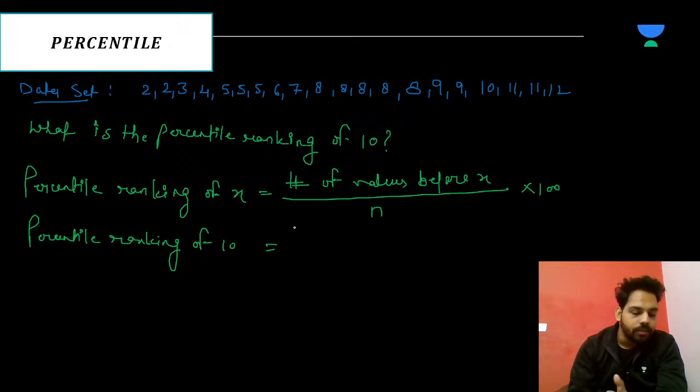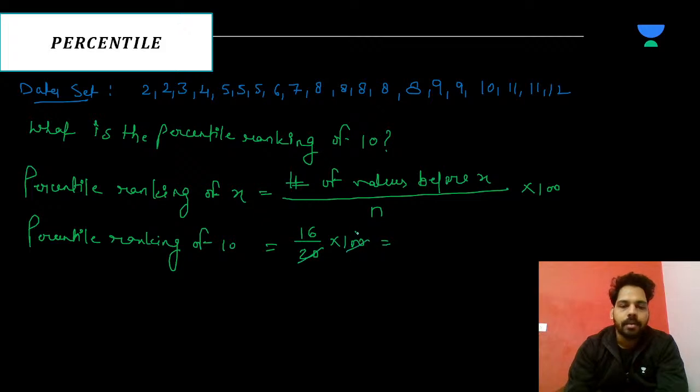How many values are there before 10? If we have to take out the percentile ranking of 10, we have to just count the values before 10. So they are 16 in number, divided by the total values. Total values are how much? 20, into 100. So this will show you the actual percentile ranking of any number.